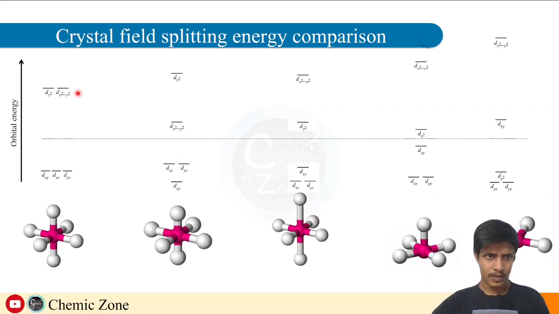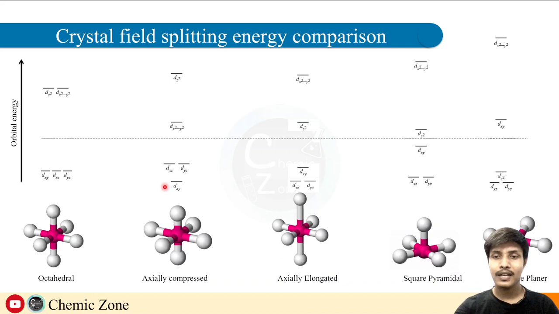See, these two orbitals are split, and the dz square term will be stabilized, and the dx square minus y square term will be destabilized. A similar case applies to dxy, yz, and zx. The dxy term will be in higher energy, and dxz and yz orbitals will be in lower energy.